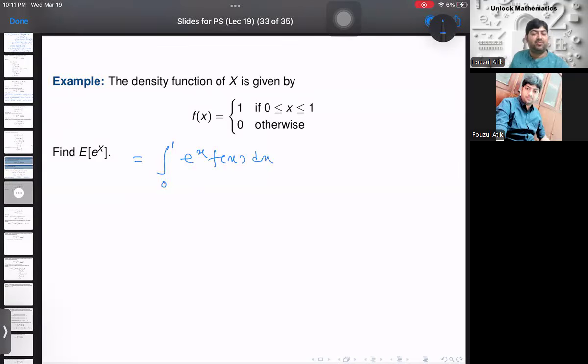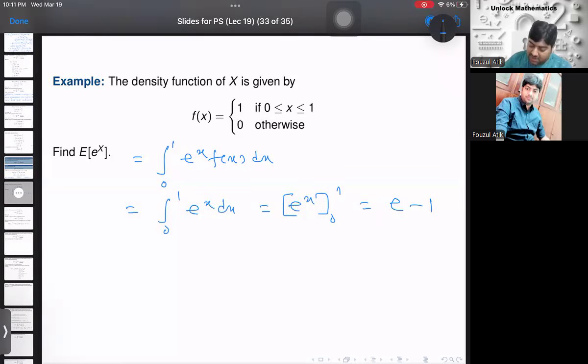Although the integration is from minus infinity to infinity, f(x) is 0 except in the interval 0 to 1, so we consider only between 0 and 1. So this is the integral from 0 to 1 of e^x dx, a very straightforward integration. So e to the power x between 0 and 1 is e minus 1. We got the answer.